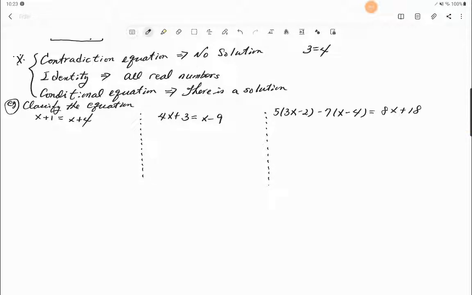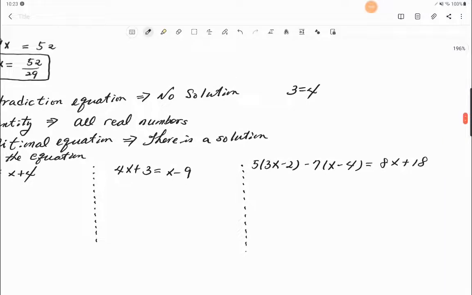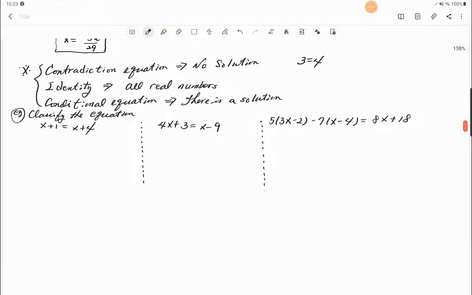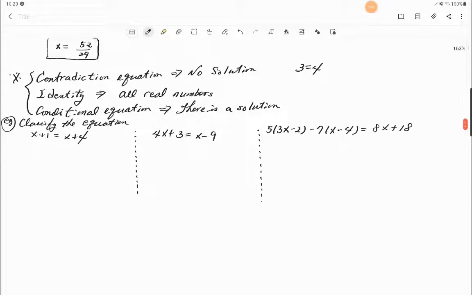We need to find the variable x, but in this case the variable is gone, and what we have is a false equation like this. This is a false statement, isn't it? This is not true. And this means that there's no solution at all. So we cannot find a value of x that makes the equation true.